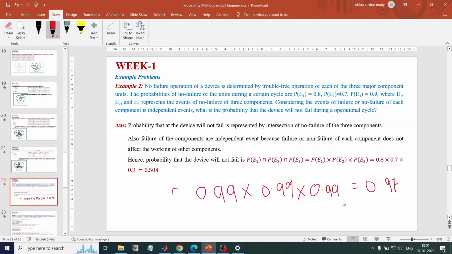So you can see that if we increase the probability of no failure of each component, the probability of working of the device increases significantly from 0.504 to 0.97. So the device becomes more reliable.